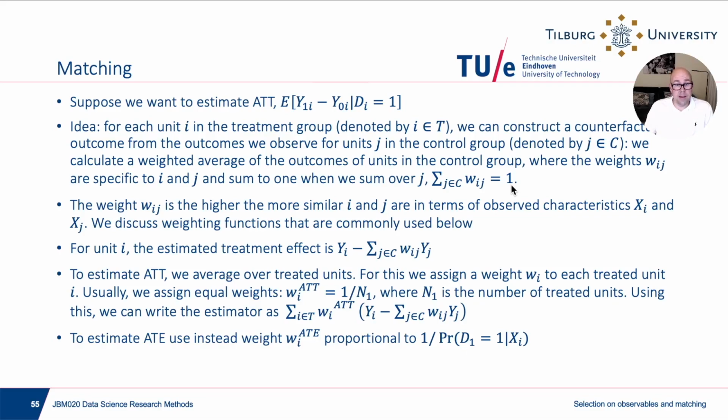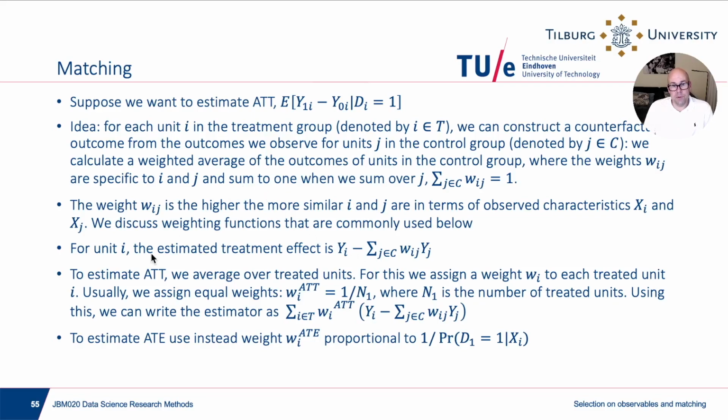So I take a unit i that is treated, I look at all people who have not been treated, and then I assign weights to all these people to say which ones contribute how much when I calculate a counterfactual outcome for that unit i.